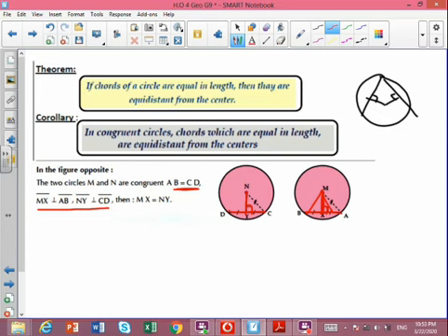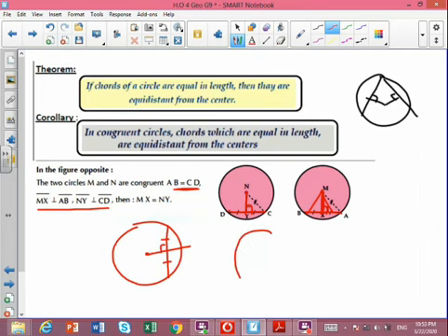Okay, let's remember something very quickly that we took in the first lesson: if I have a circle and a chord, and I draw a line passing through the center to the midpoint of the chord, it's perpendicular to that chord.